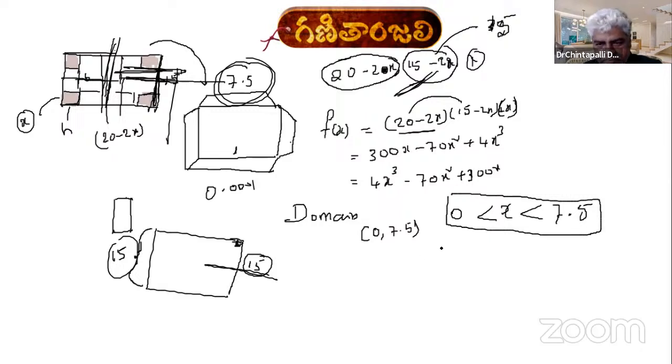Set means x such that 0 less than x less than 7.5. This is the inequality. This is the set. This is the interval notation.